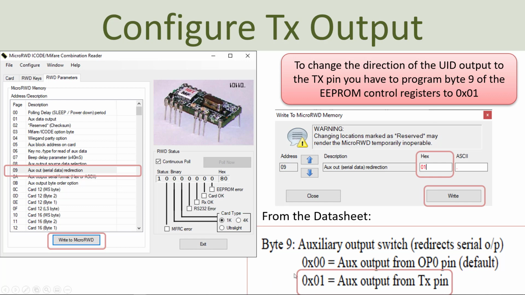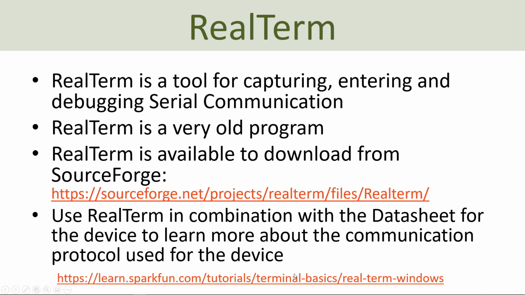Next, when you have configured the device properly, it's also a good idea to use a program or a software for debugging the serial communication. There exist lots of different software for this purpose. One software is called RealTerm.